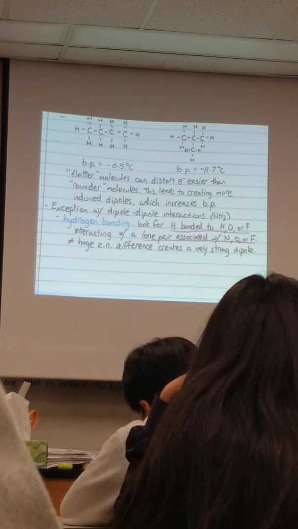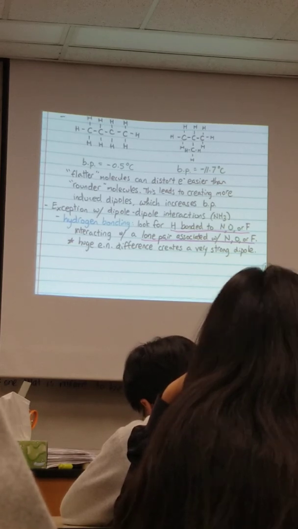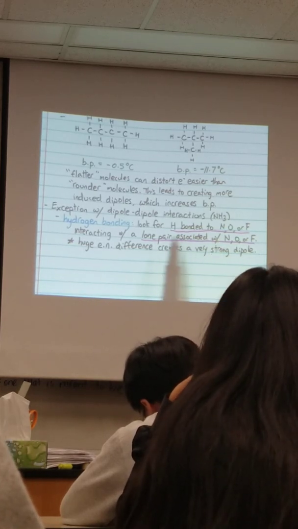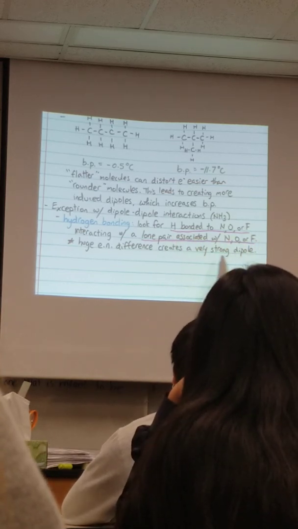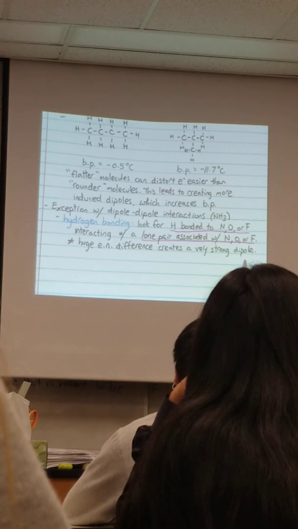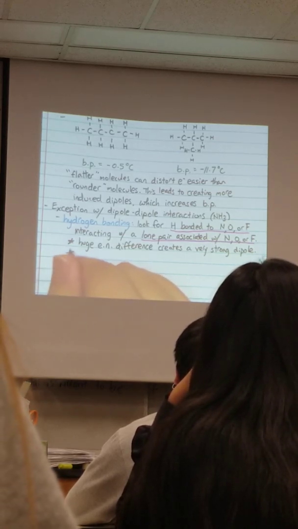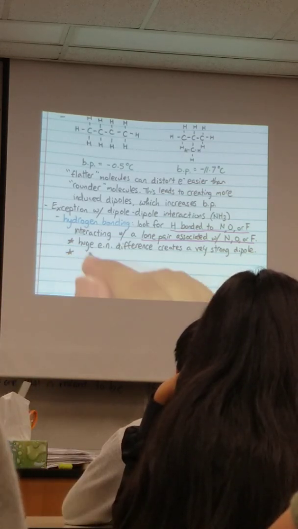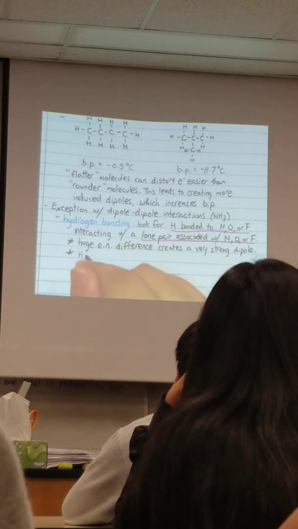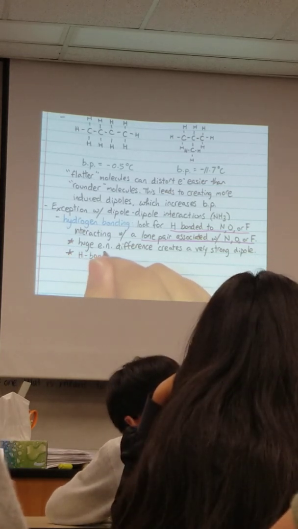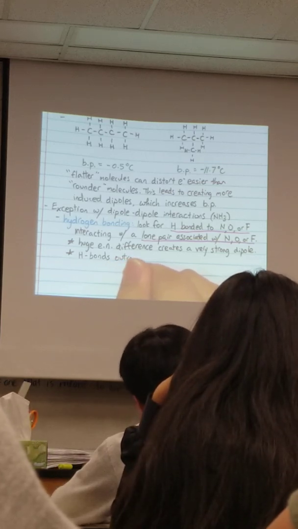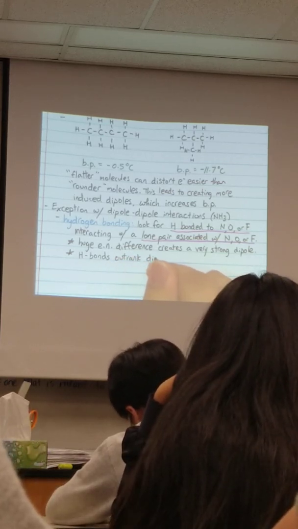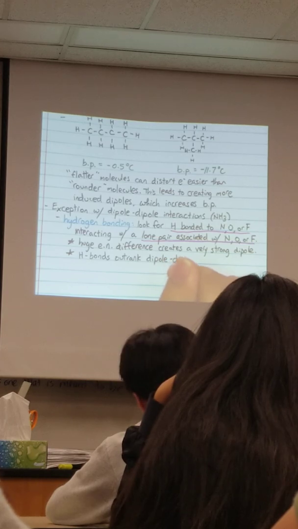If we have H with N, H with O, or H with F, those are the strongest bond dipoles possible. Also, as to why I call it an exception, because of this situation, hydrogen bonds outrank standard dipole-dipole interactions.